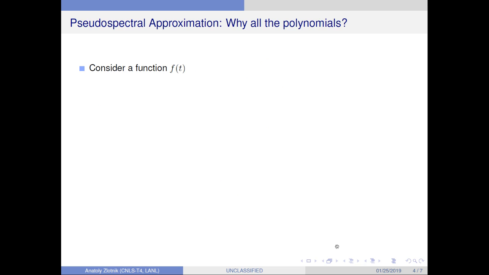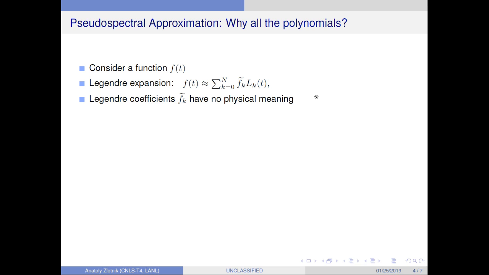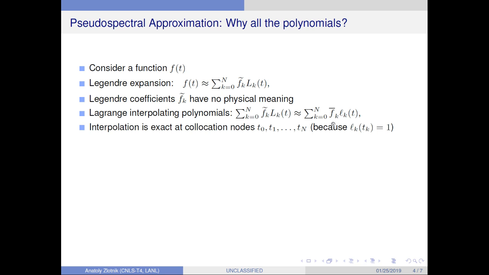So why do we want to use all of these different polynomials? If we consider a function f of t, the Legendre expansion looks like this, where f tilde k are the expansion coefficients. These coefficients have no physical meaning. Now the Lagrange interpolating polynomials do, so there the coefficients f bar do have a physical meaning, because those are the values of the interpolant polynomial at the collocation points.